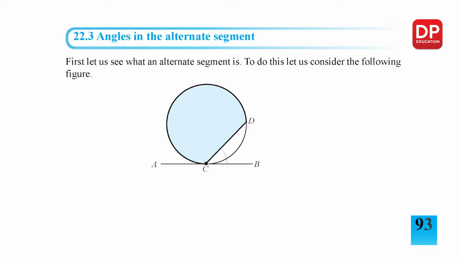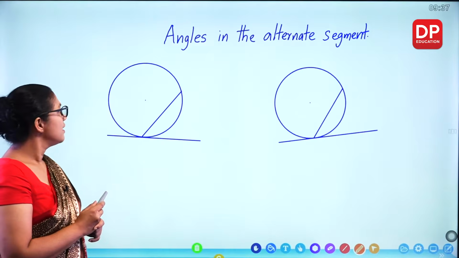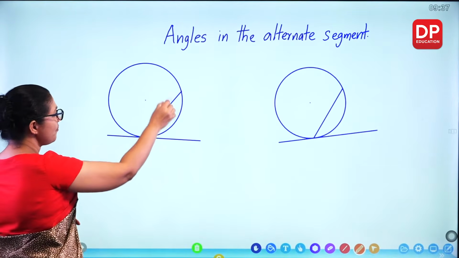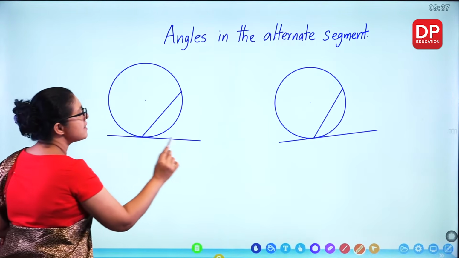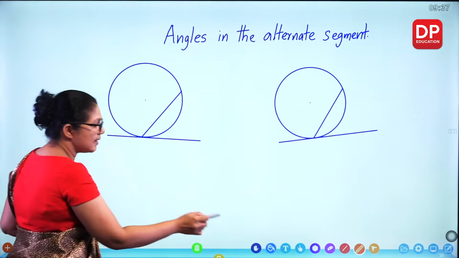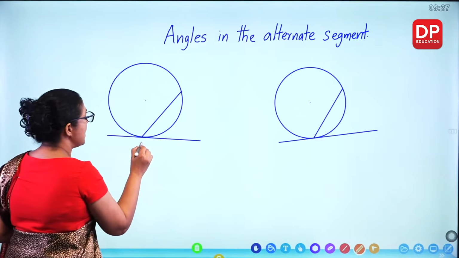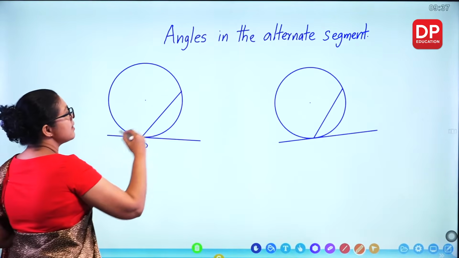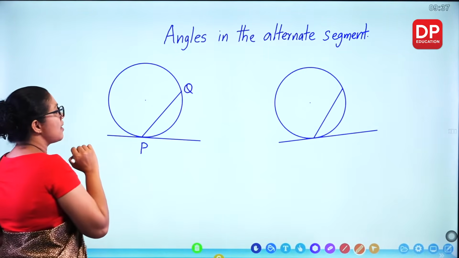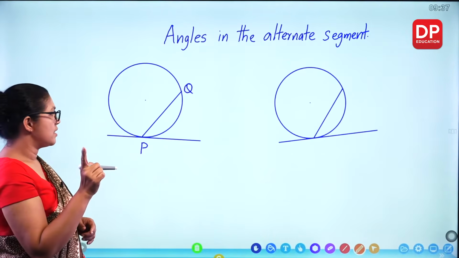Now we'll look at angles in the alternate segment. Look at this diagram. You get a circle and this is the tangent drawn to the circle at point P, and PQ is a chord.